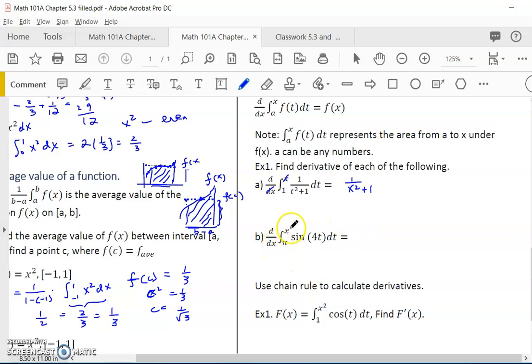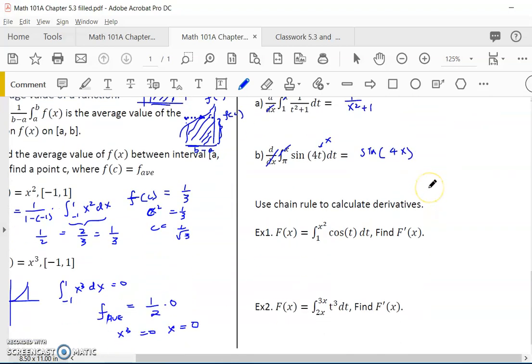This x and this x cancel the integral and the derivative, change it to x. So my answer would be the rate of change of the area is sine 4x. It's actually equal to that function. No need to add plus c.